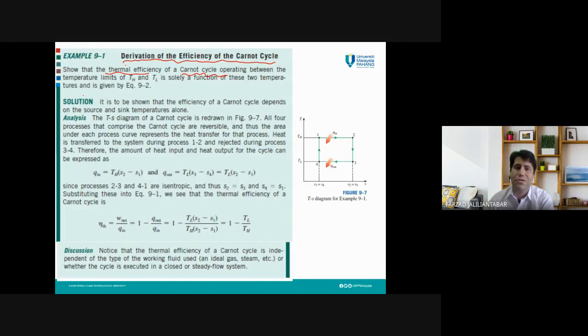It is operating between the temperature limits of TH and TL, and its efficiency is solely a function of these two temperatures. Now we are going to calculate the thermal efficiency of this cycle. This is a Carnot cycle because, as you can see here, we have two isothermal processes and two isentropic processes, two constant temperature processes and two constant entropy processes.